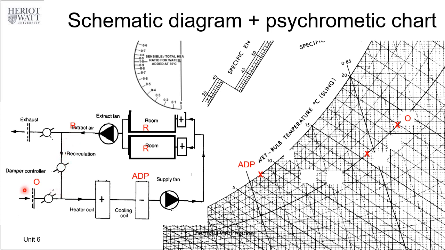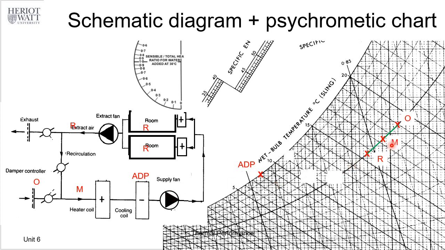For the sake of discussion, we can assume 50% room air mixes with 50% outdoor air. So we join this line, room air to outdoor air, and 50% is the middle. Now, look at this system: the mixed air passes over the heating coil, which is not working in summer, and then carries on over the cooling coil.